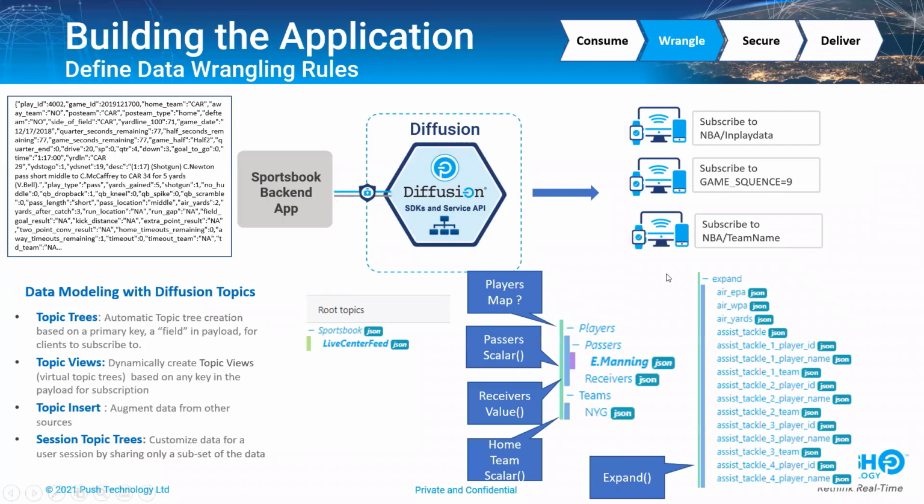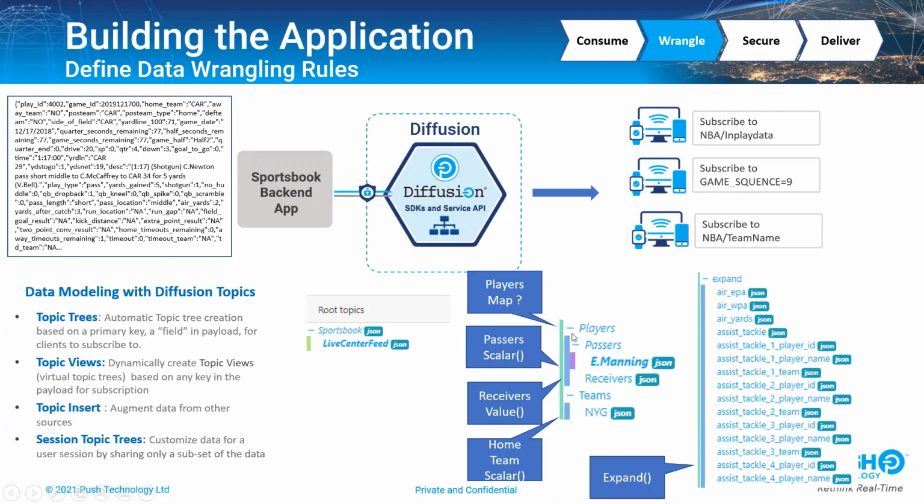So the first example is players. I may simply, from this large set of data, map out players, which exist somewhere inside the data. But because it gets represented in this topic tree, we've already started that parsing process in real time, and again, at scale, at scale of millions of messages. So I've segmented out my players.